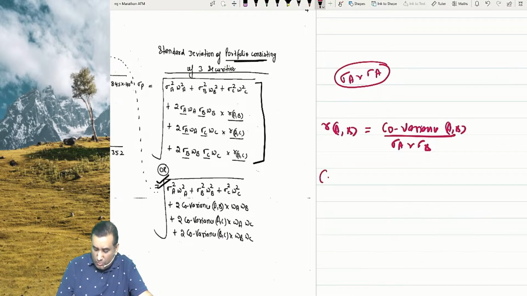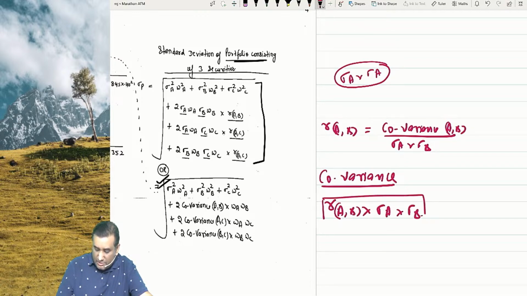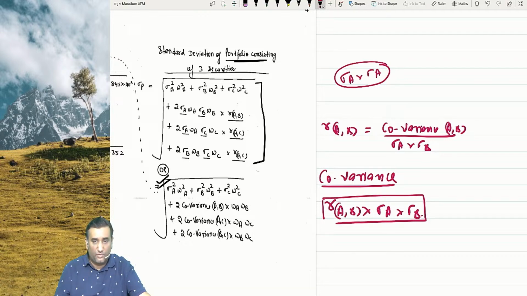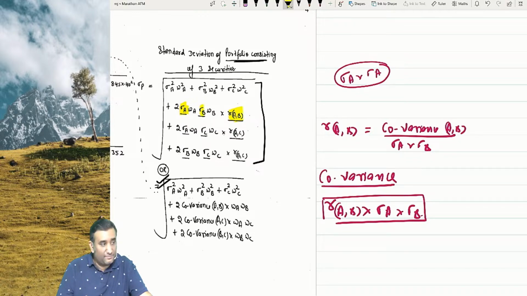And if I take the covariance from here, covariance would be equal to RAB into standard deviation A into standard deviation B. That comes out as the formula. Now what has been done, highlighting in yellow, is that RAB gets substituted with this.